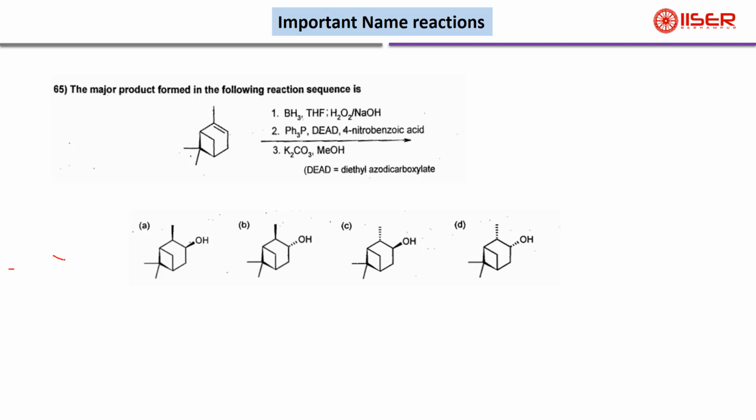So after the first step, there will be a hydroboration, in a similar way, hydroboration followed by oxidation. So I am just drawing the product directly. If we keep this above the plane, then there will be an OH. I just did a step jump, as in the last question I have already discussed how it goes.